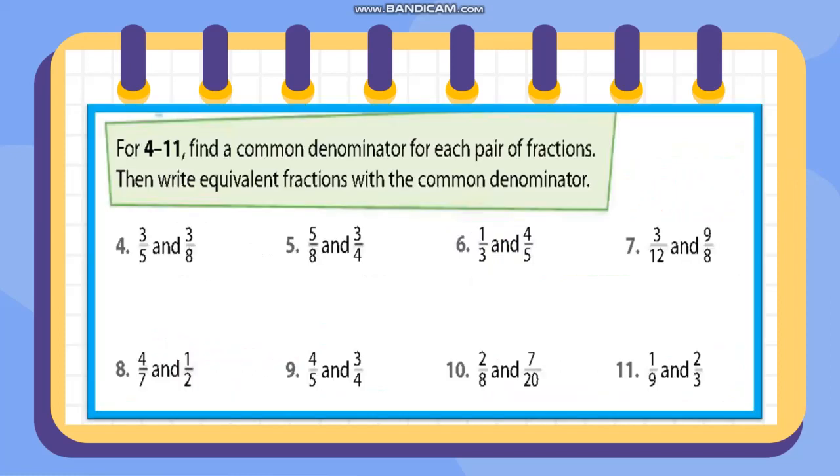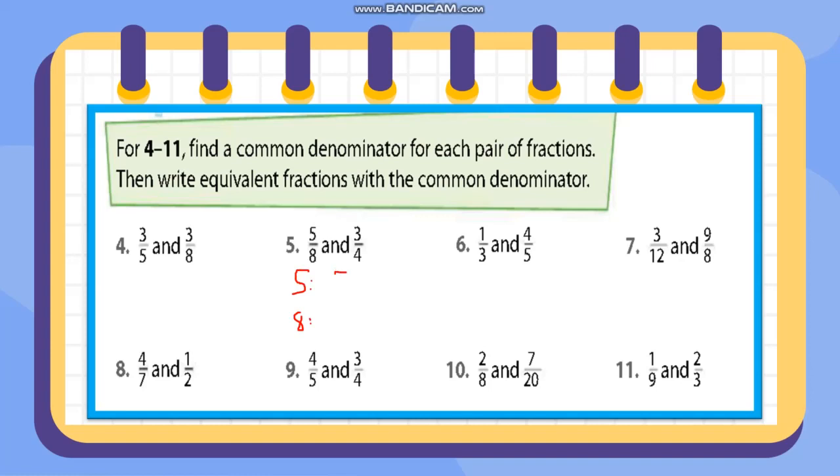Next, find the common denominator for each pair of fractions and write the equivalent fractions. So there are two answers: the common denominator and the equivalent fractions. For me, to make it easy, I'm going to always use the second way. It's up to you whether you apply the first way or the second way. So 5 and 8, I'll just copy 5 and 8.